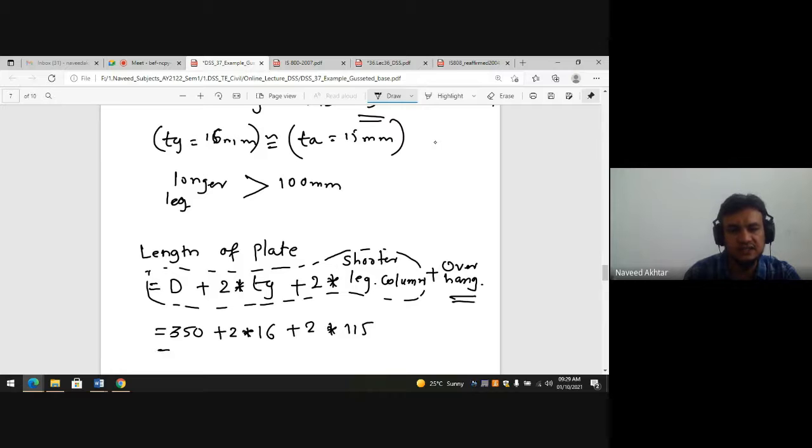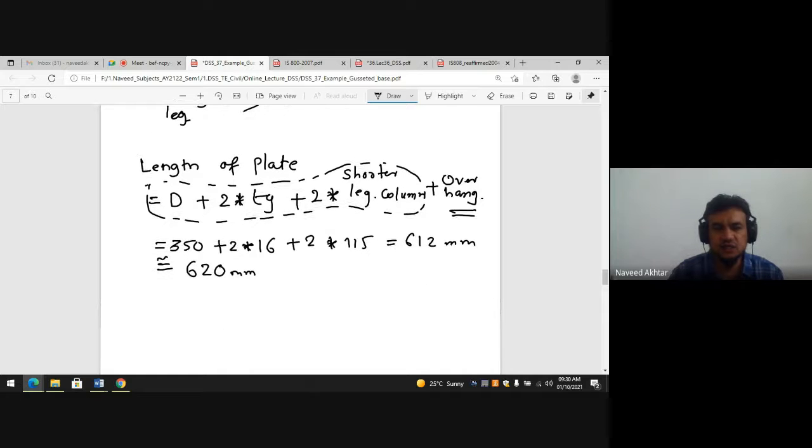If I calculate 350 plus 2 into 16 plus 2 into 115, it is coming 612 mm. So we will consider the length of plate, rounded up, 620 mm.